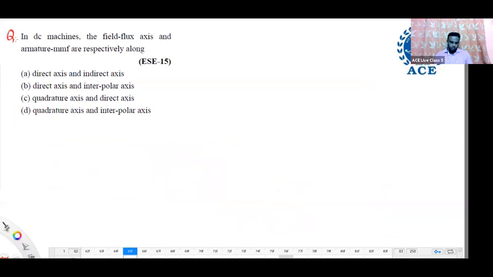What is this? In DC machines, the field flux axis and armature MMF are respectively along which axis? Main flux and armature flux. Main flux along which axis? Always the direct axis. Main flux is along the direct axis. Armature flux lies along which axis? Yesterday we had drawn figures.